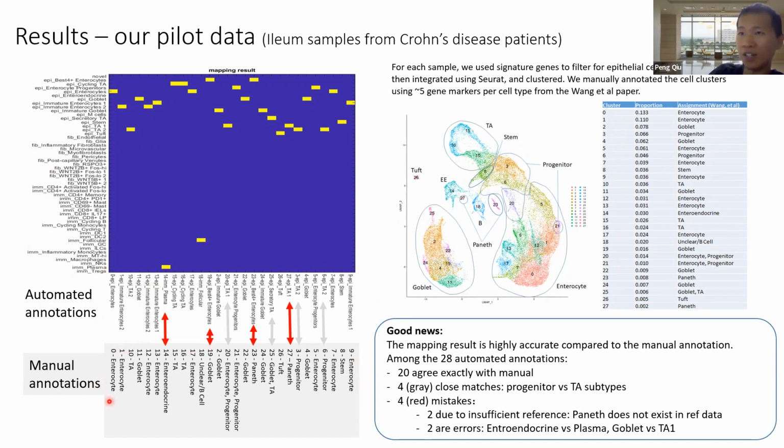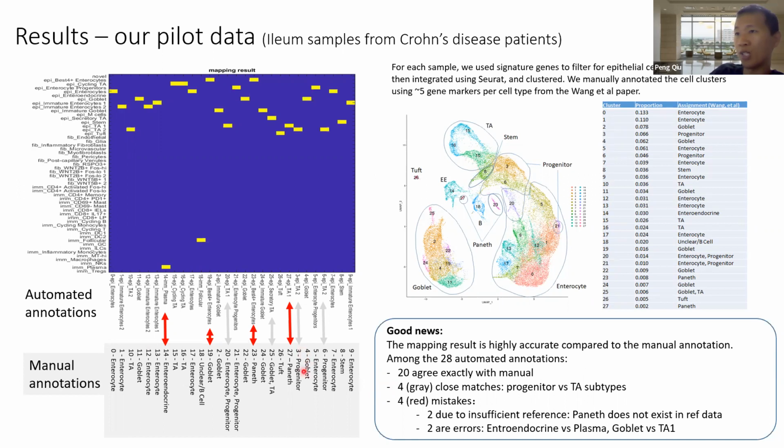This list here is basically a copy-paste of the list here, so this list down here is the manual annotation result. When we compare the auto and manual annotation, we notice that among these 28 clusters, 20 of them agree exactly, and 4 of them do not exactly agree, but they are close matches.